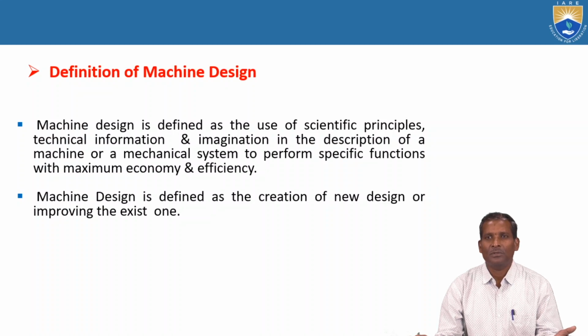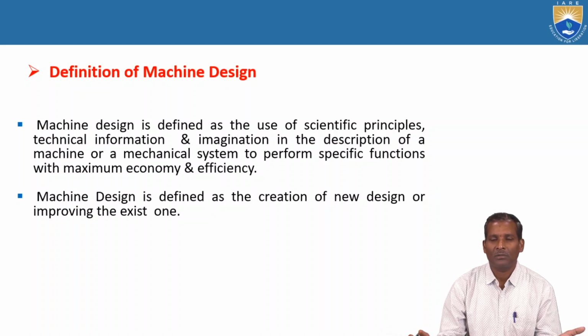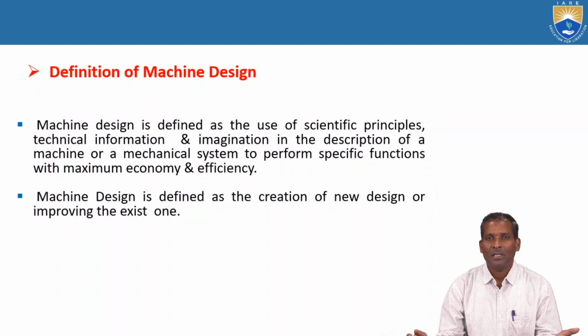You should use the scientific principles and technical information about that particular product. You have to draw the imagination diagram for a particular machine. But that should give useful work with maximum economy and efficiency. This process is called machine design.